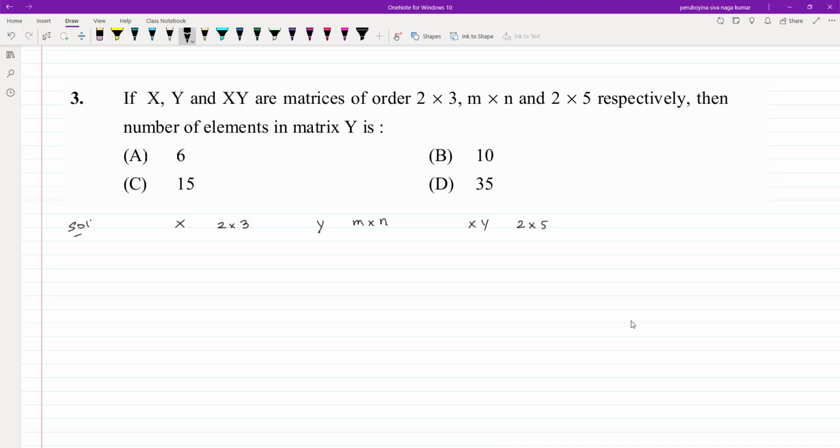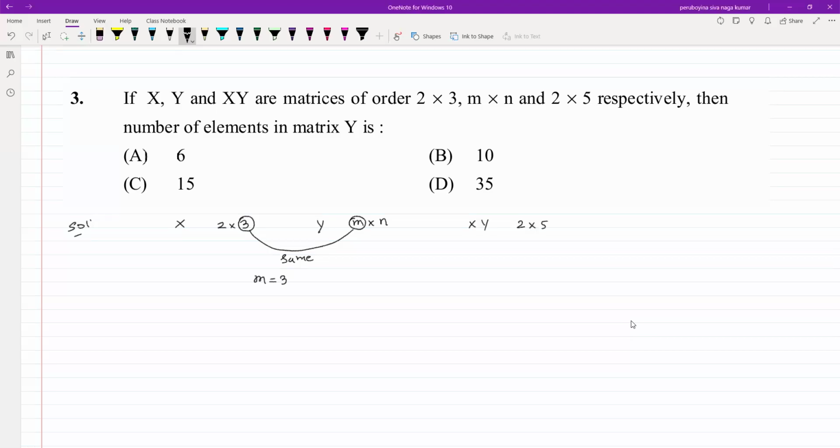For the possibility of X into Y, the column number of X and row number of Y both will be the same. Then only XY is possible. Means m value will be 3.